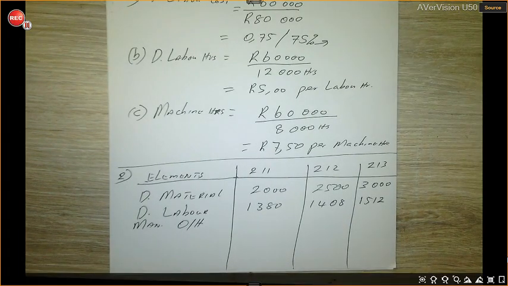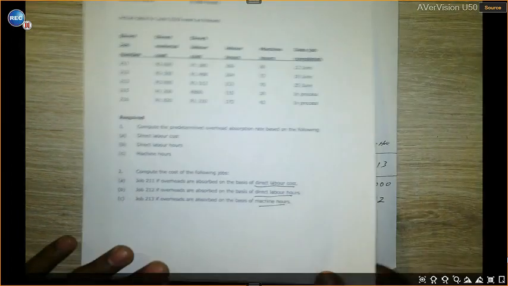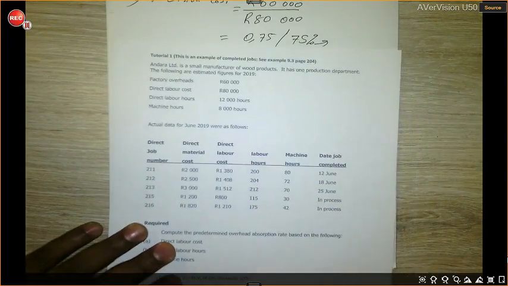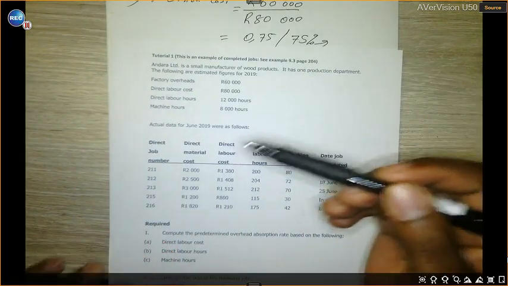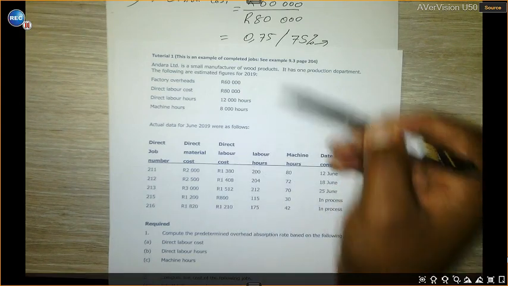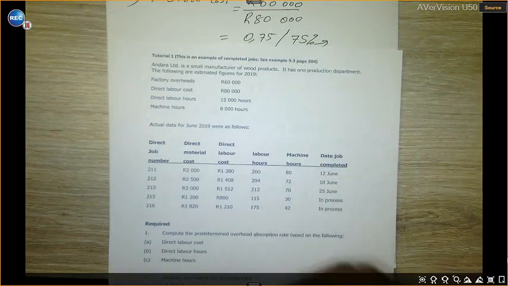To work out the amount for the first job, you've already calculated the allocation base: if I'm using labor cost, it is 75% of the actual amount.